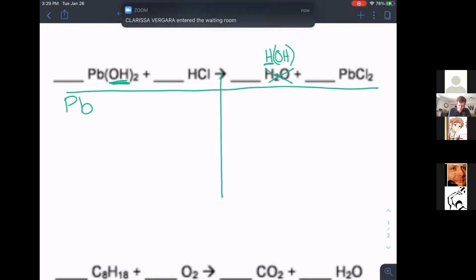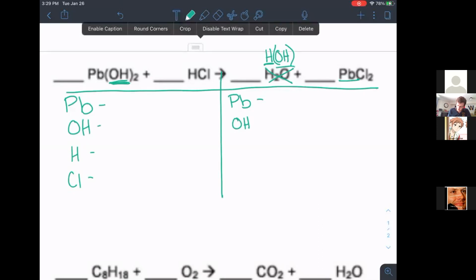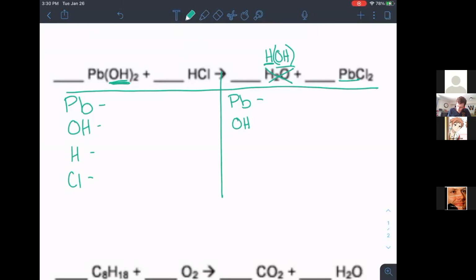Hydroxide, perfect. Two more. Hydrogen and chlorine. Awesome. I know they're not in the exact same order on the right side, but I like to keep mine in the same spots just so I can look straight across my column. So I just double check that I have a lead, a hydroxide, a chlorine, a hydrogen, and a chlorine.